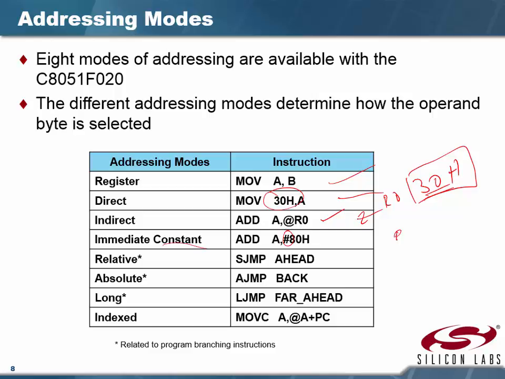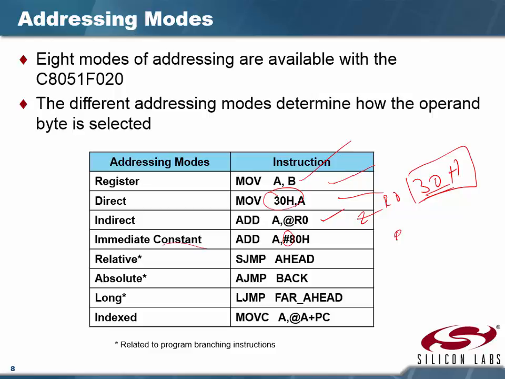So we've got 3 symbols that we have to look at so far. No symbol means we're looking at a direct address. The at sign means the address contained in that register. And the number sign means the immediate data. They do completely 3 different things.